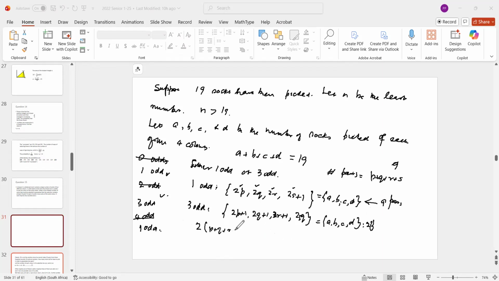This is the number of pairs, as we saw. But now you have to add 3 here, these 3 ones, and you get 19. And this time, 19 minus 3 is 16. So p plus q plus r plus s gives you 8. Let's just summarize what's happening here.